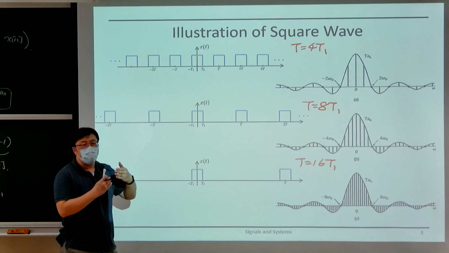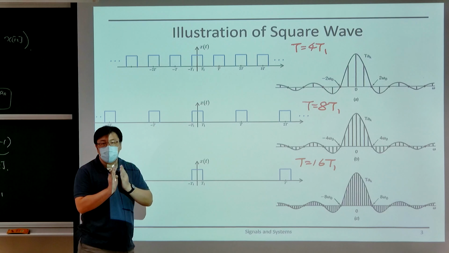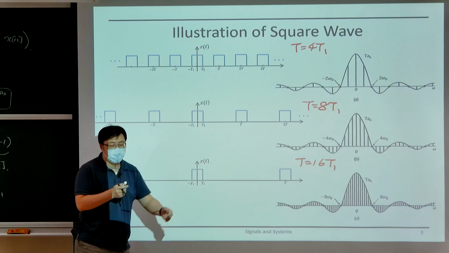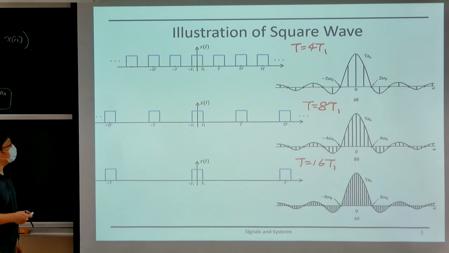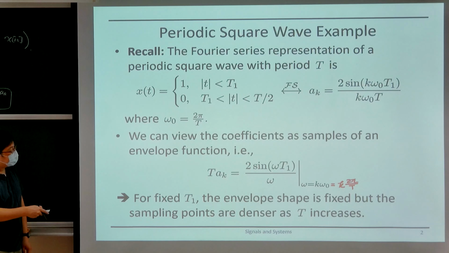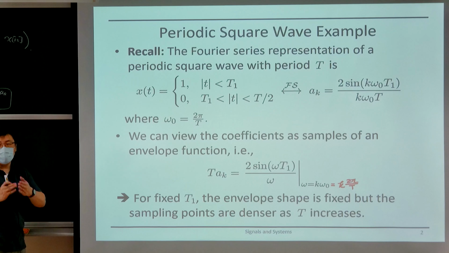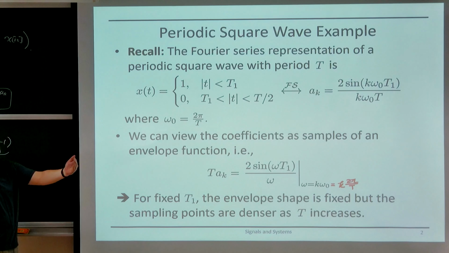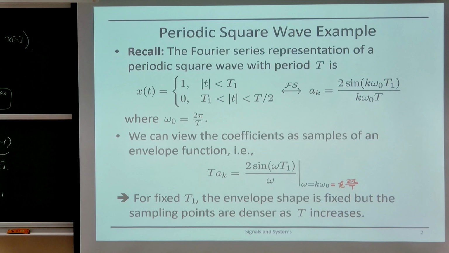And you expect that the frequency components will also converge to a continuum. Instead of having discrete frequency components at k omega naught, we now may have a continuum of frequency components at all frequencies, okay?